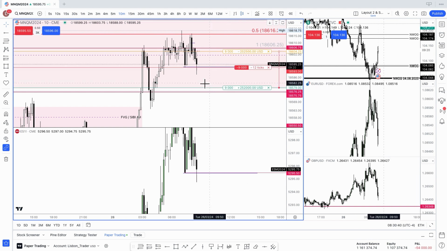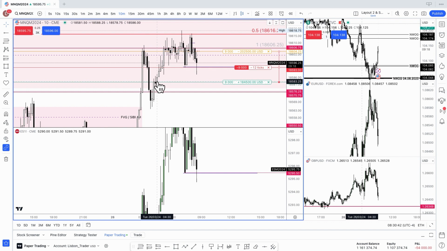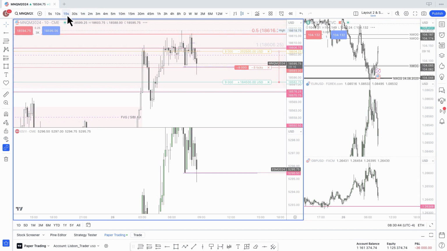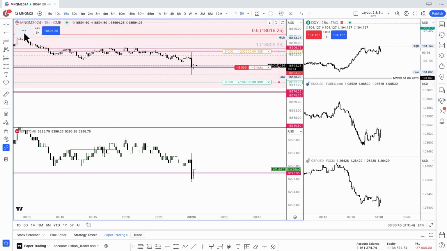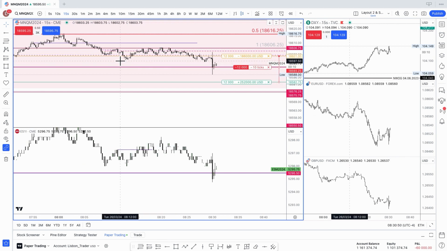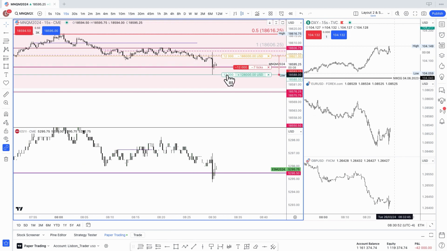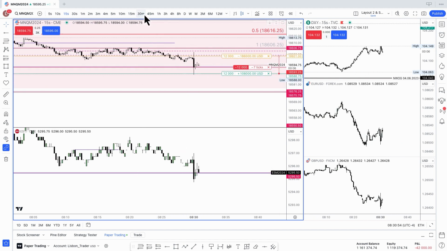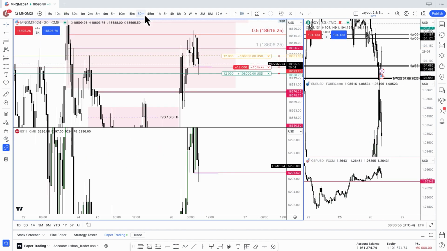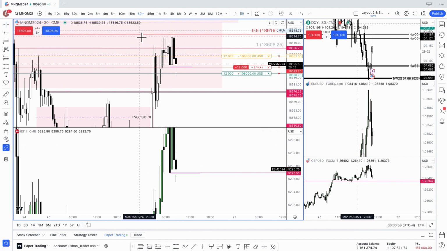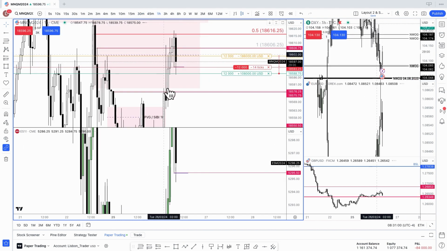There's this rejection block here. So on a 1 hour basis, we have this propulsion block.